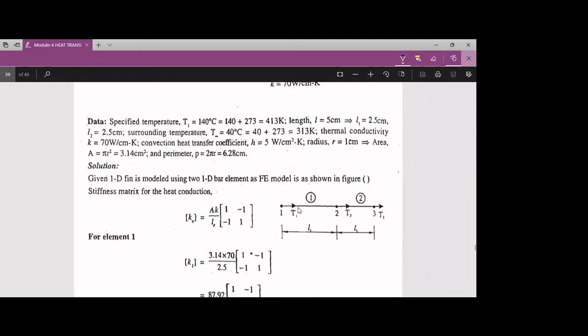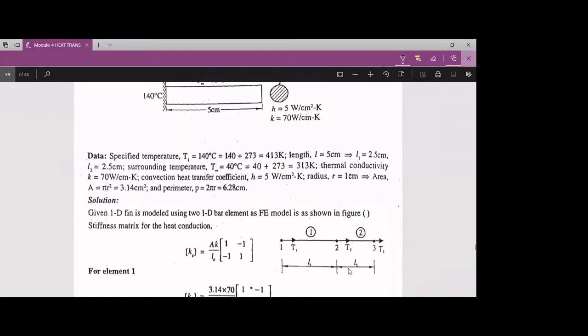The first element has node 1 and node 2, and the second element has node 2 and node 3. The temperature at node 1 is T1, at node 2 is T2, at node 3 is T3, and the temperature variation takes place only along the x direction, only in one direction. This is how we model the finite element model for the given fin, considered as two elements, element number 1 and element number 2, as per their requirement.